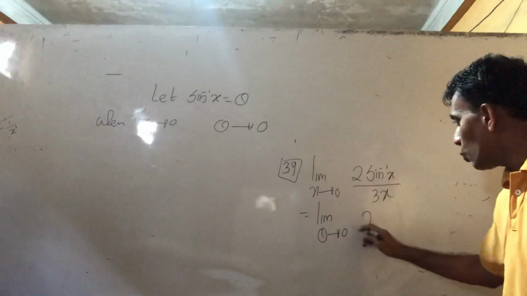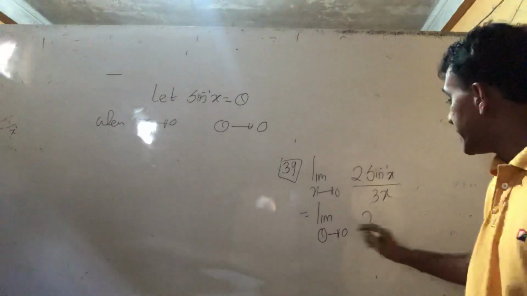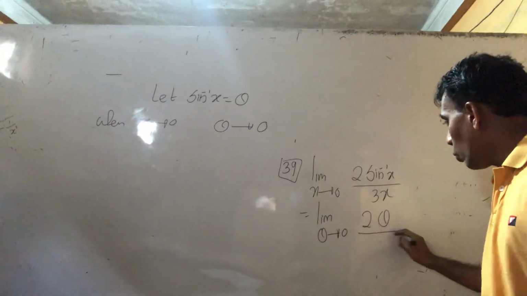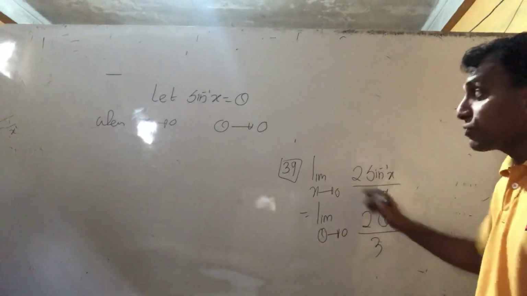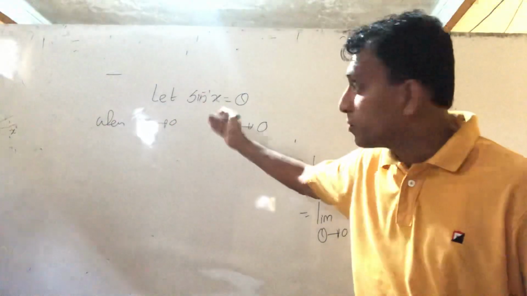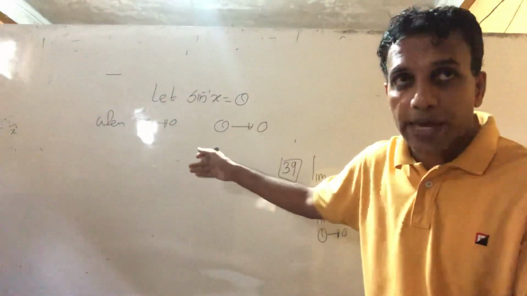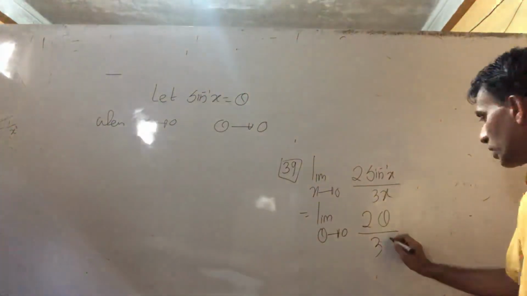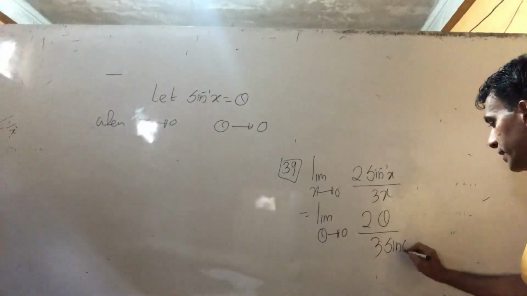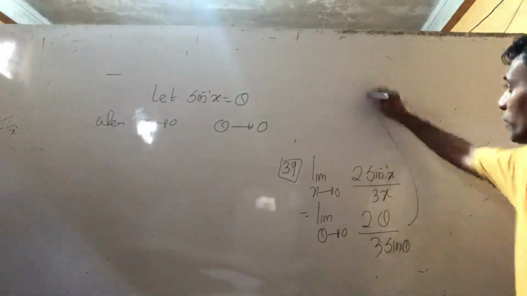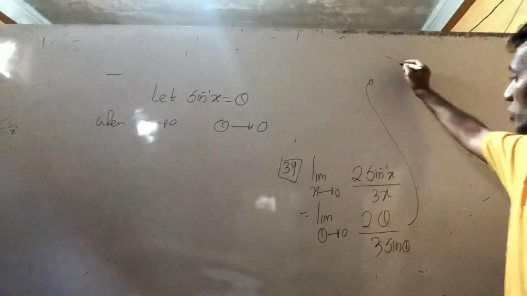And here the numerator sine inverse x is theta, over 3x. Since sine inverse x is theta, x equals sine theta. Thereby the limit as theta approaches 0 of 1/3 times theta over sine theta.